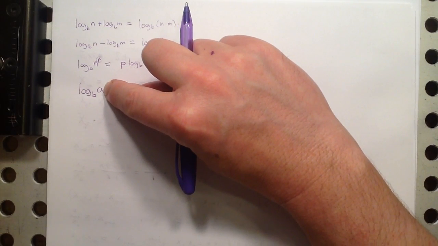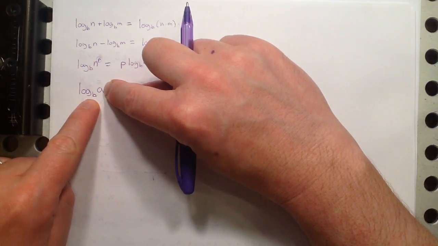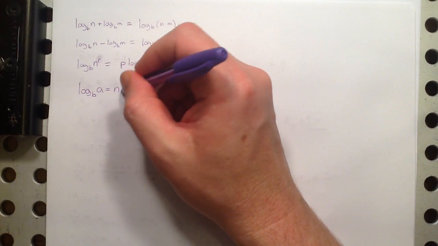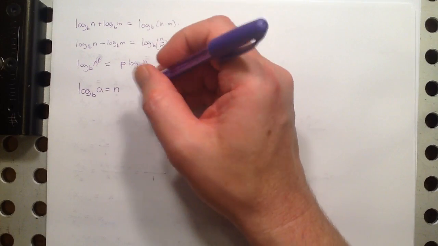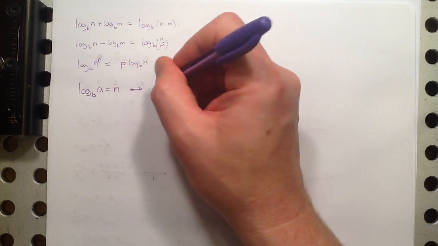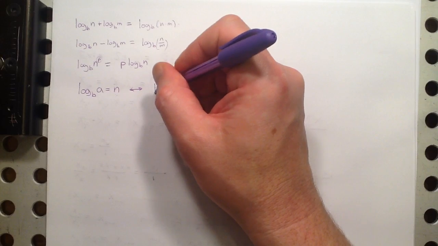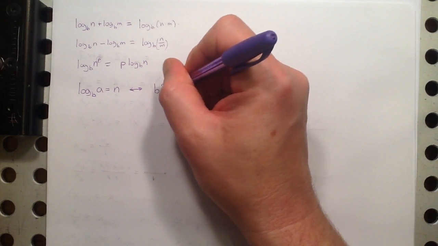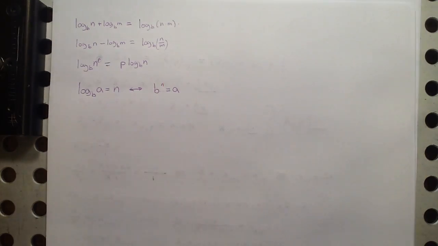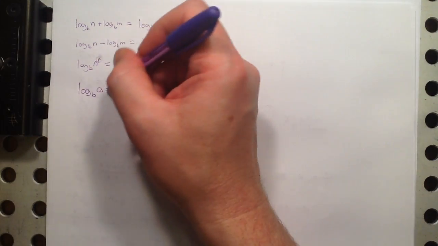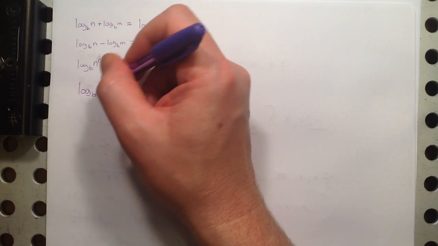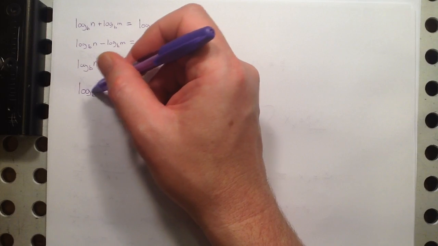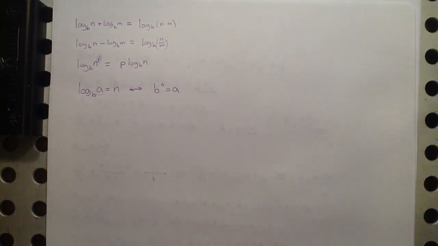Specifically, it's the exponent that you have to raise the base to get that. We've called it n. So this is the same as saying b, the base, to the n power is equal to a. So this logarithm is the exponent that connects these two numbers. It's the power you have to raise this to get that.